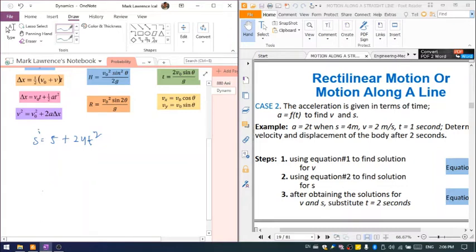If we differentiate this one, s prime, we differentiate 5, so that's 0, and 24 times 2 is basically 48. So this is 48t. Okay, so this is quite easy.